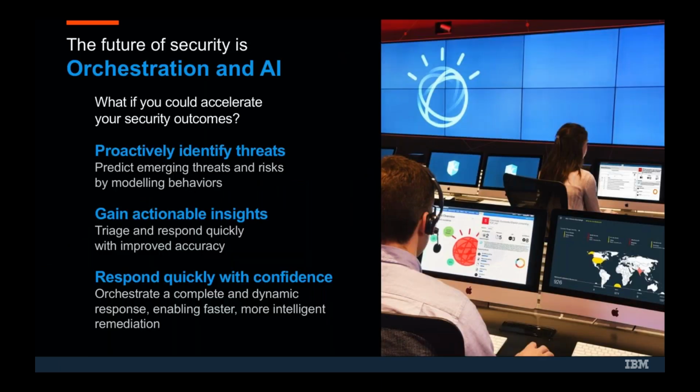We believe that the future of security is all about orchestration and AI, accelerating those security outcomes, proactively identifying threats, gaining actionable insights without the need for analysts to sift through all of the data manually, and being able to respond quickly with confidence, with orchestration and automation, so that you're not relying on a run book with people who are pushing buttons to make things happen. Instead, you've automated the system from end to end.